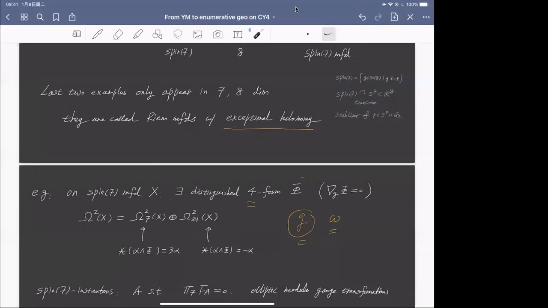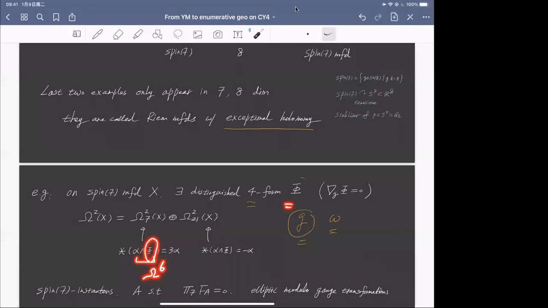Using this 4-form, we can decompose the 2-forms based on a decomposition like this. By some general theory, we know there's such a decomposition where the eigenspaces are defined by this. We start with alpha, a 2-form, then wedge it with this 4-form. This becomes a 6-form.